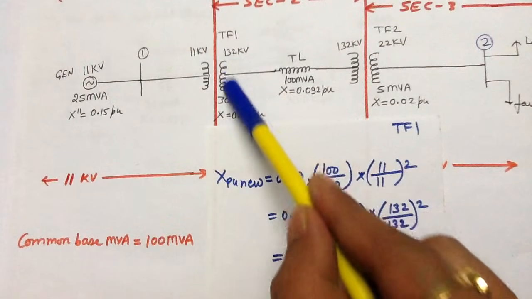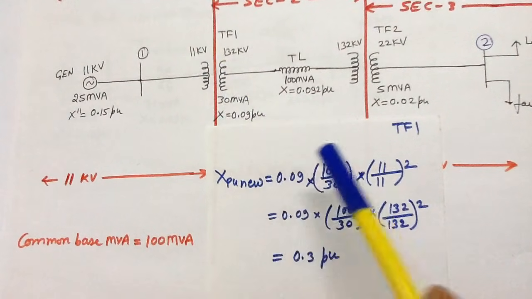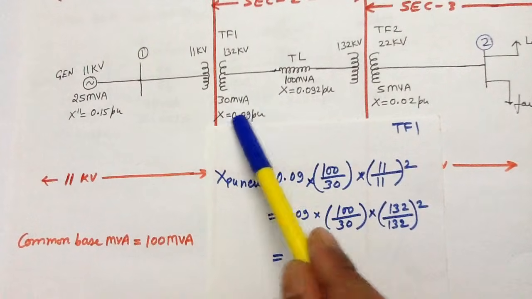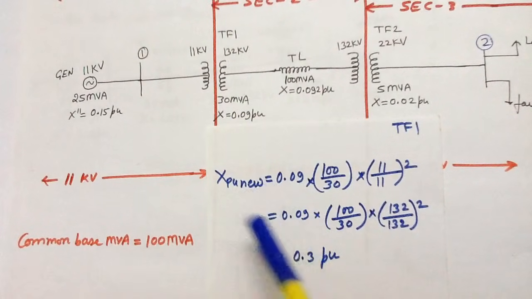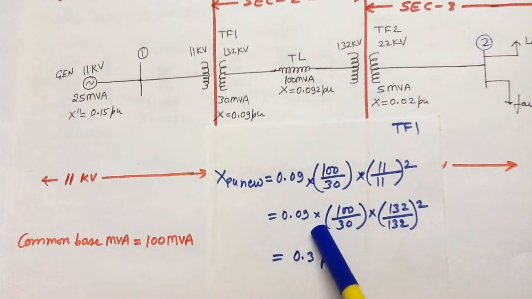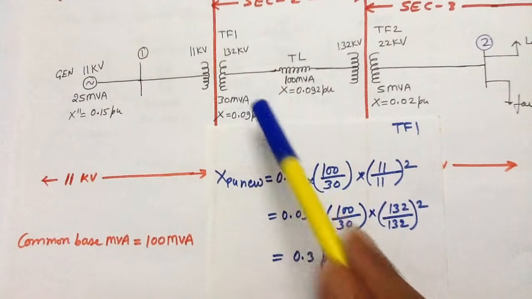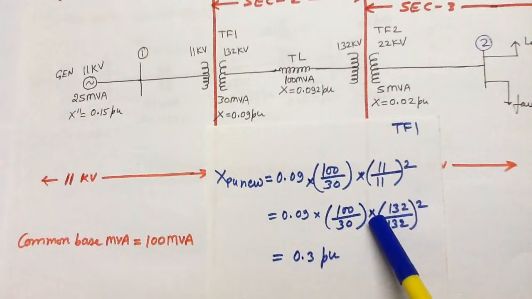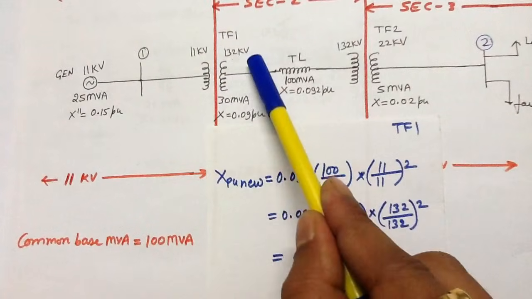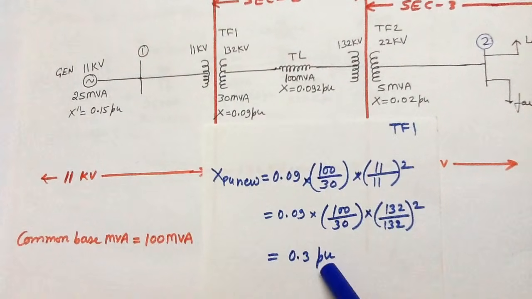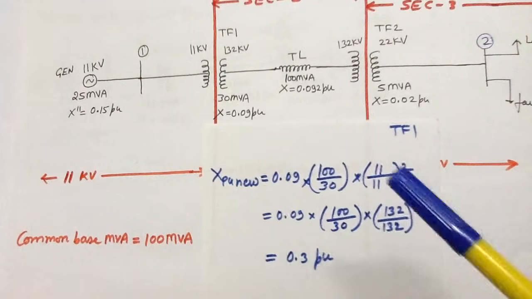If you consider the HV winding of transformer number 1, you will write the equation in this way: the new per unit reactance equals the old per unit reactance into new base power divided by old base power into the old base voltage divided by the new base voltage square, and you will get 0.3 per unit.